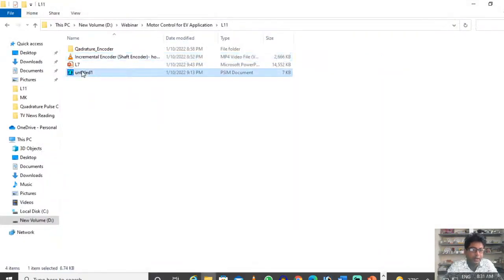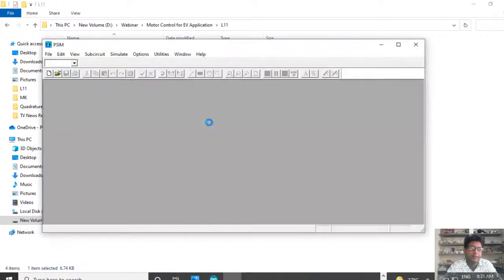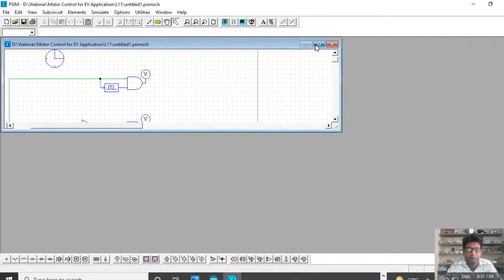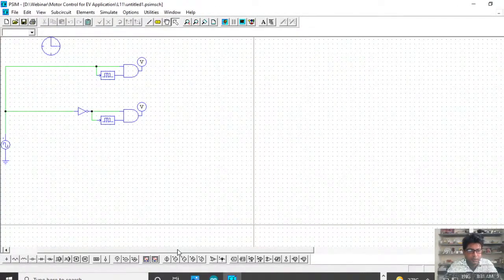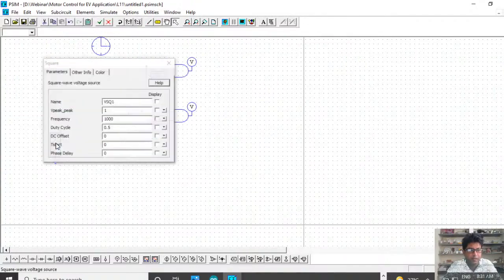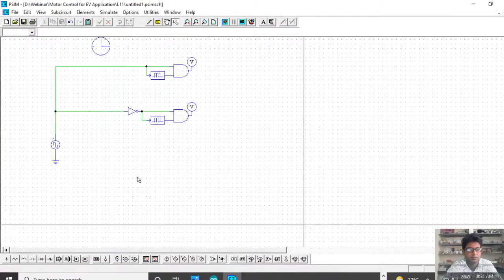So now we will learn how to generate the dead time. It's very simple. Say here I have used one pulse of 1 kilohertz, coming from your microcontroller timer output PWM.